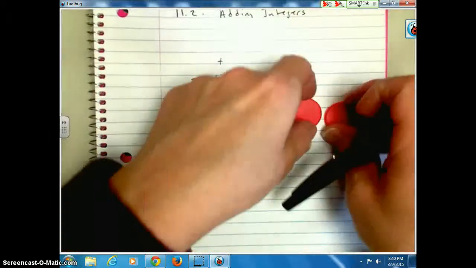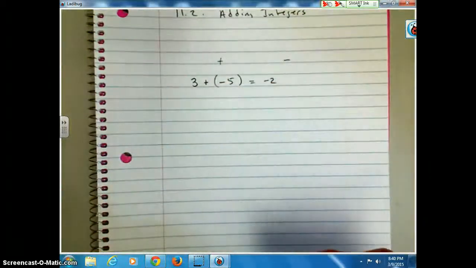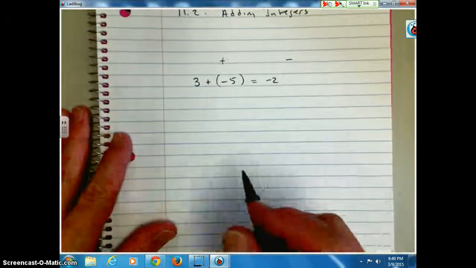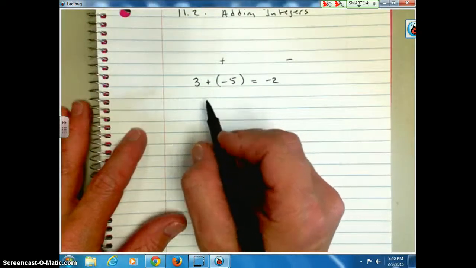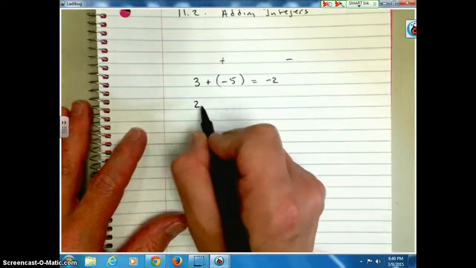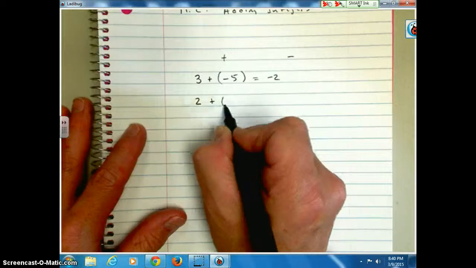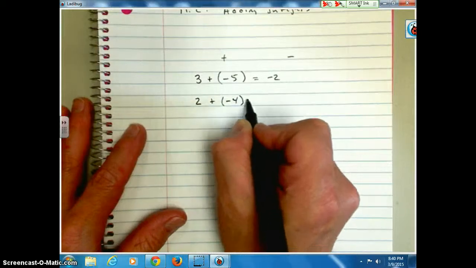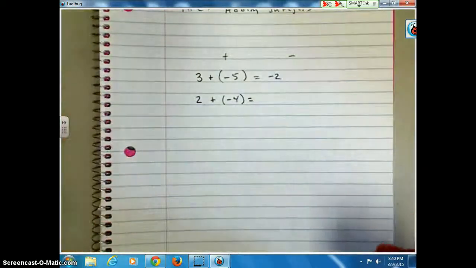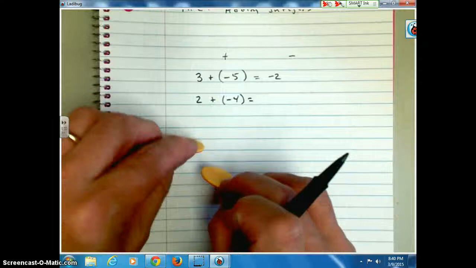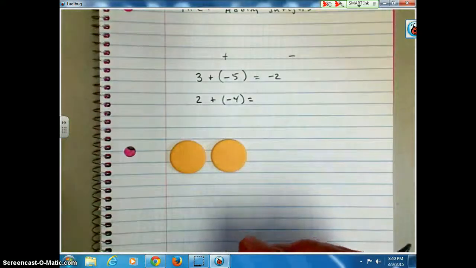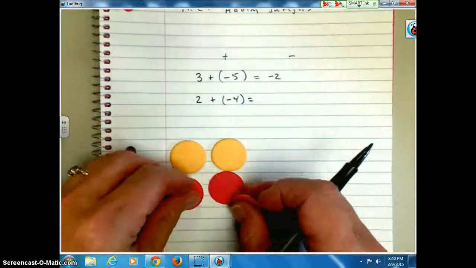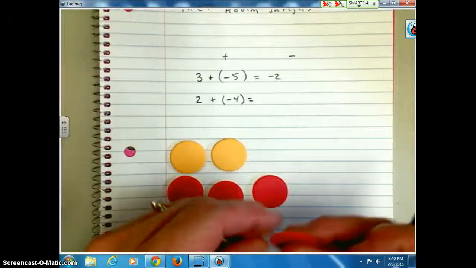And we'll do that again so you can kind of see how it works. And then we're going to show you some other examples. So let's say, for example, we have 2 plus a negative 4, and we want to see what that's equal to. We're going to take 2 positive chips, and we're going to add 4 negatives. 1, 2, 3, 4.